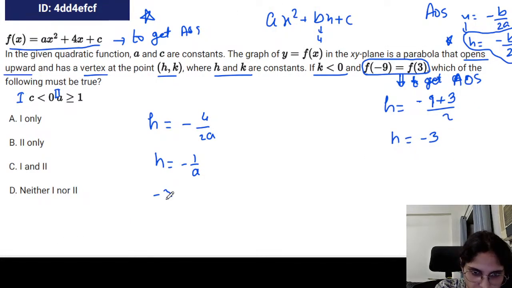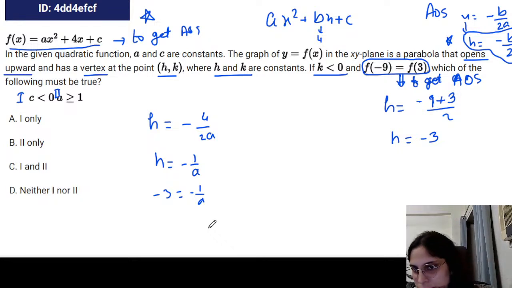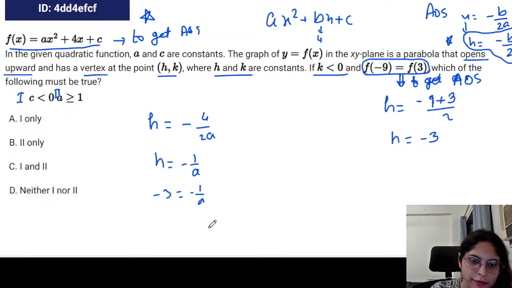So negative 3 equals negative 1 over a. And from here you get the value of a is... Oh, and this is 2.